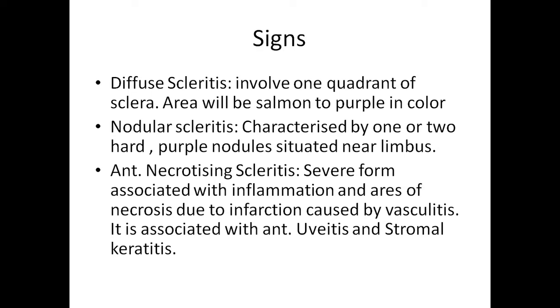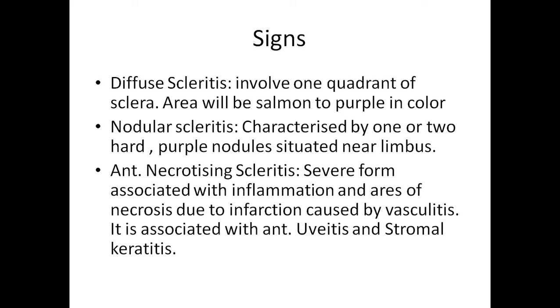Anterior necrotizing scleritis is a severe form associated with inflammation and areas of necrosis due to infarction caused by vasculitis. As I told you, the main pathology is vasculitis. So the blood supply to the sclera will be hampered and necrosis of the sclera will occur. Avascular patches will occur on the sclera.